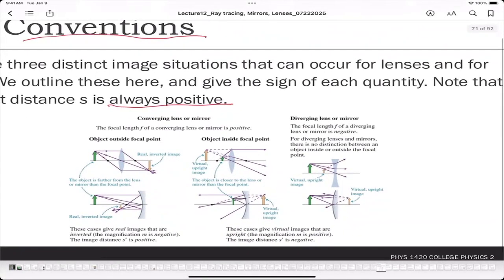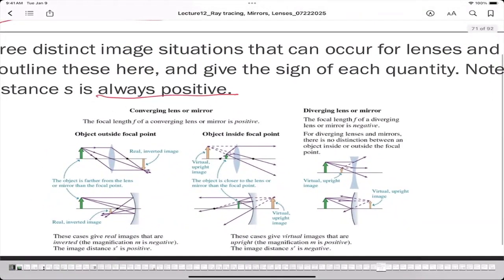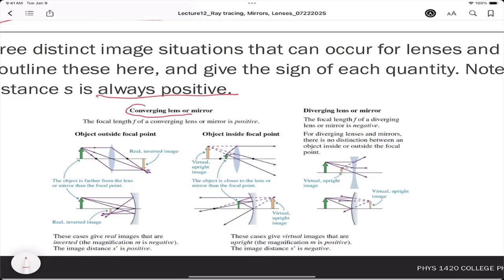Okay, let's talk about that. For a convergent lens or mirror, the focal length f is positive.